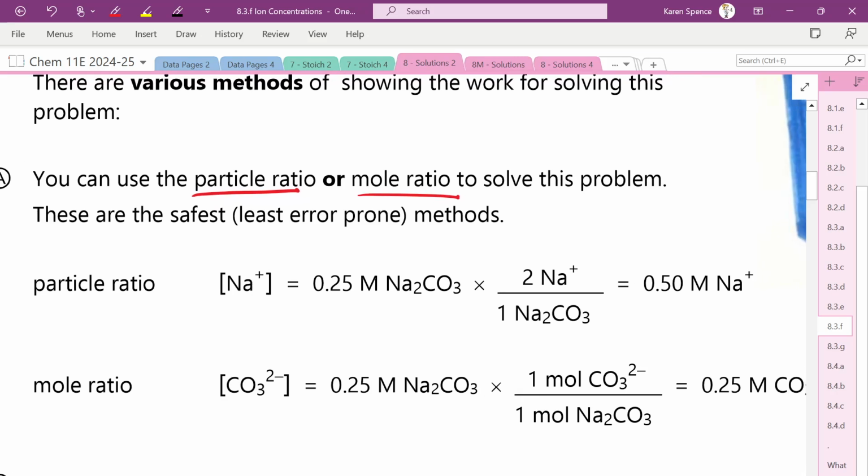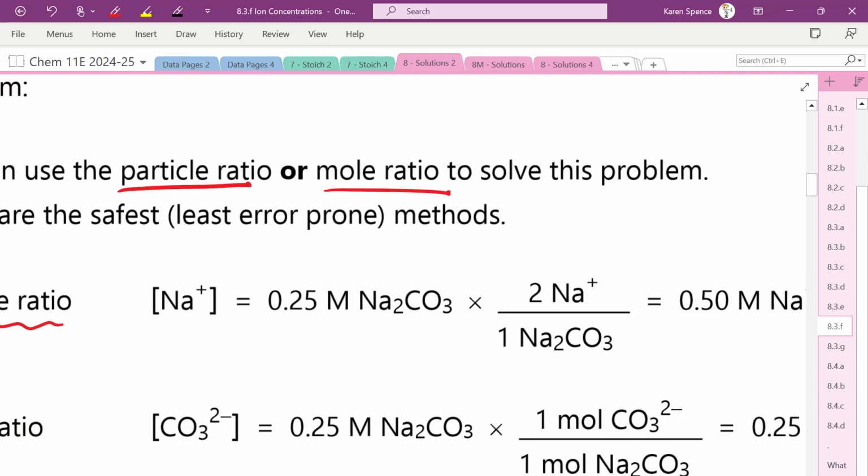Here's how you would show it using the particle ratio. Concentration of Na. We'll start with our concentration of Na2CO3, and because we've got that, we need to cancel it. And we know we have 2 Na+ for every Na2CO3, and that gives us 0.5 molar.